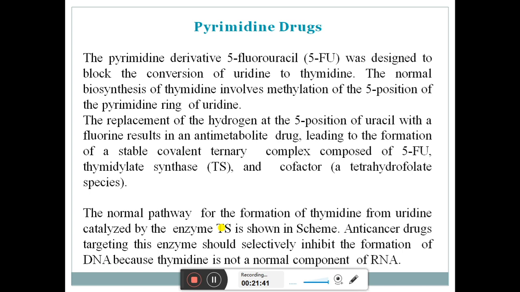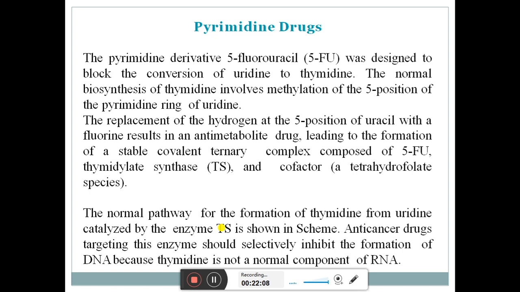So how does this pyrimidine drug show its action and how does it affect the DNA and DNA synthesis? Okay, the pyrimidine derivative, that is 5-fluorouracil, is a drug. What is the action? It blocks the conversion of uridine to thymidine, right?